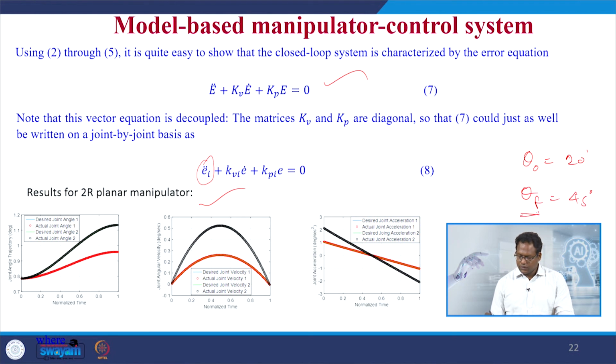So, this is your desired angle, and you have one initial angle for the robotic system, say 20 degree. Between this and this, you can have an interpolated trajectory from which we can get theta of t, theta dot of t and theta double dot of t, which can be given as input to this case.